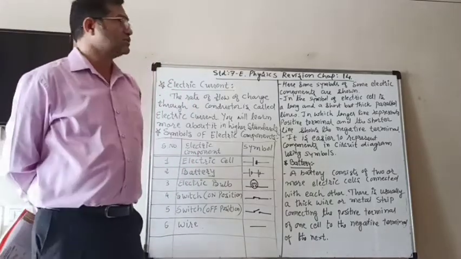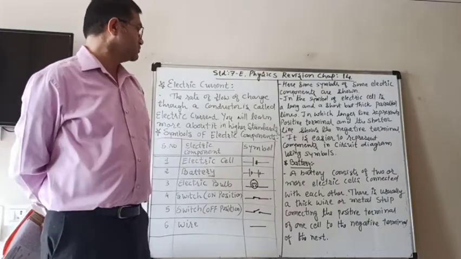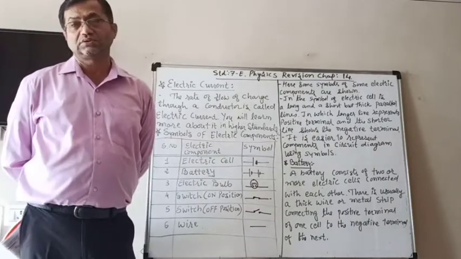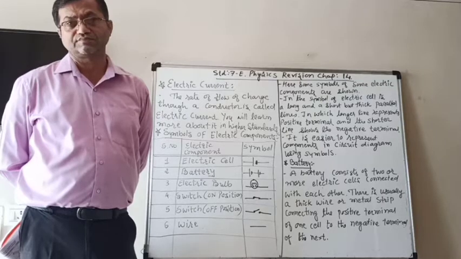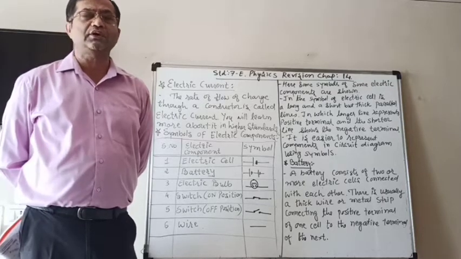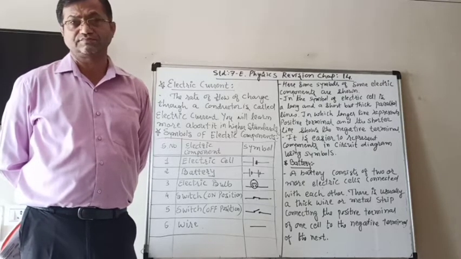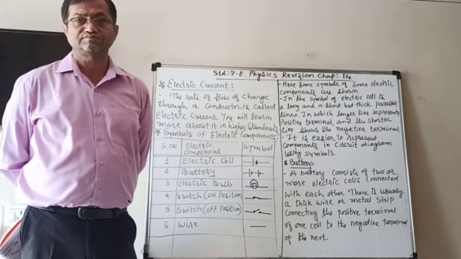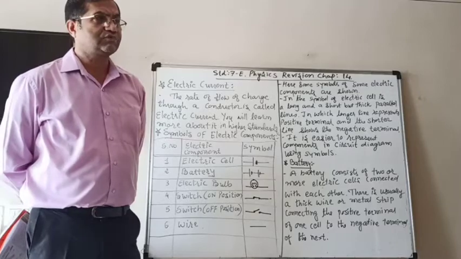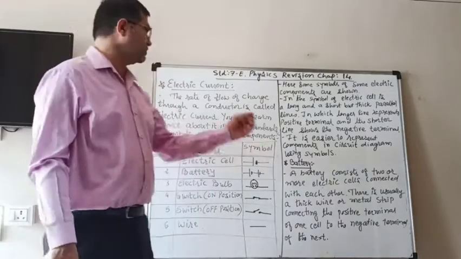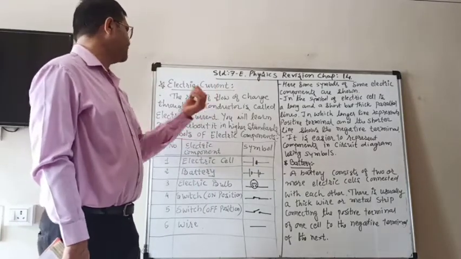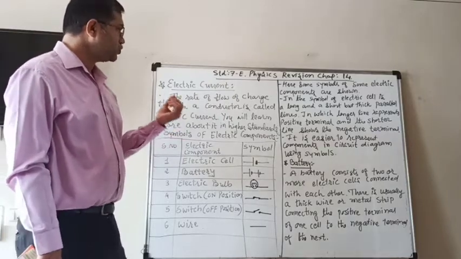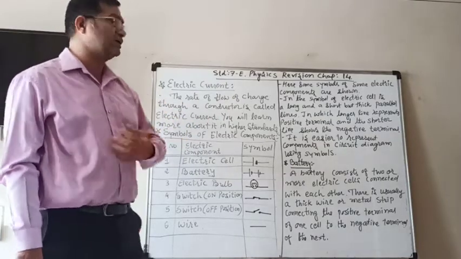When charged particles flow through the conductors, we know that it is the current. Actually, the rate of flow of charge through a conductor is called electric current.